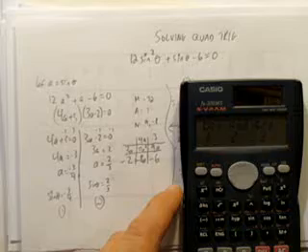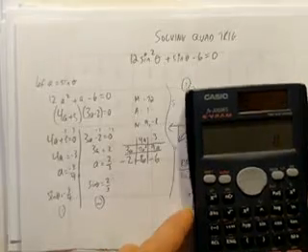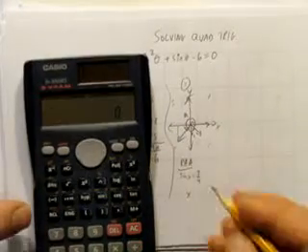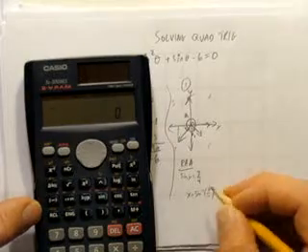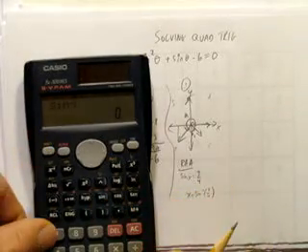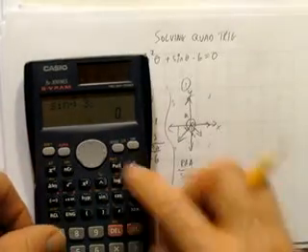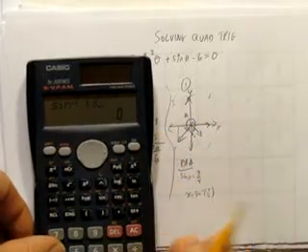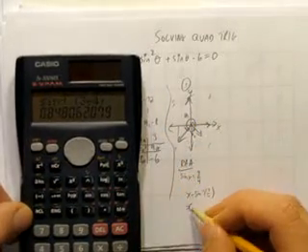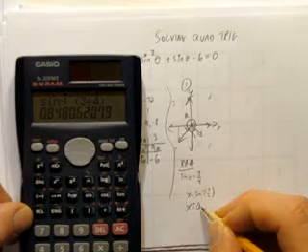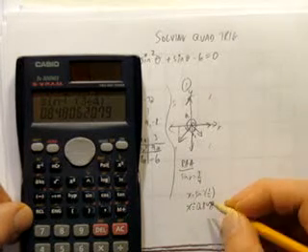Mode, there it is. Let's go to radians. Okay. So, I want to solve for that. x is inverse sine of 3/4. So, inverse sine of, I'll probably need brackets there, 3 divided by 4. And so we get x is approximately 0.848 radians.